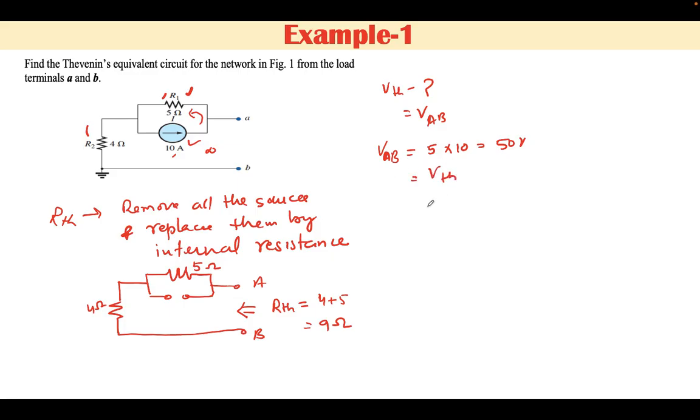Hence the Thevenin equivalent circuit for this particular network can be drawn across terminals A and B. This is 9 ohm and this is 50 volt. This is the Thevenin equivalent network.